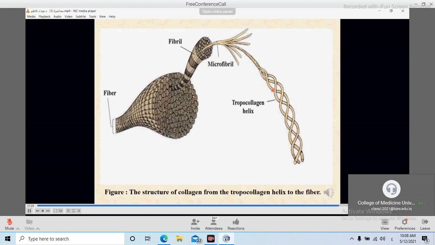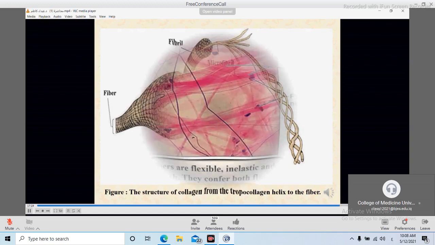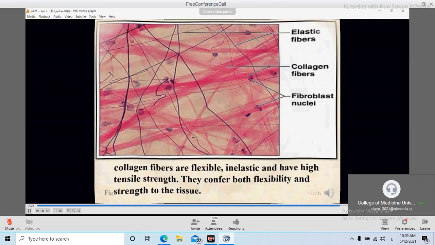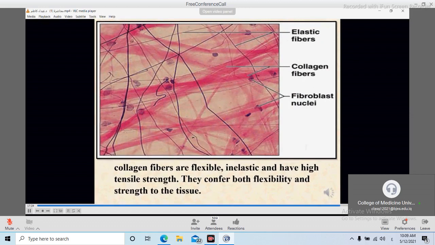The collagen fibers are flexible, inelastic, and have tensile strength. So, the collagen fiber confers both flexibility and strength to the tissue. إذا وين ما نوجد الكولاجين فايبر بالتشو راح يعطي المرونة والقوة لهذا التشو.